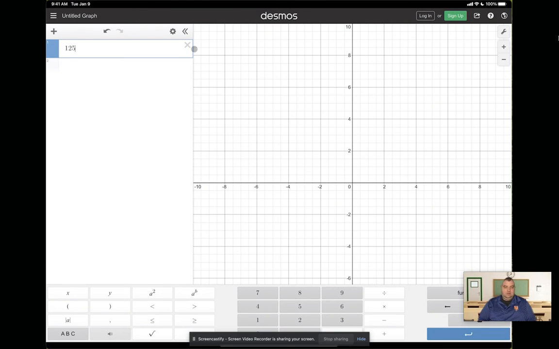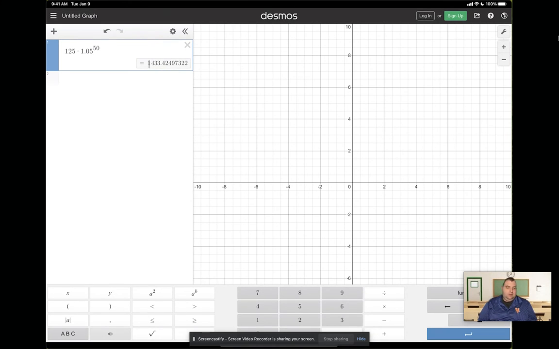125 times 1.05 to the power of 50. Since we're talking about money, I'm going to round to 2 decimal places.